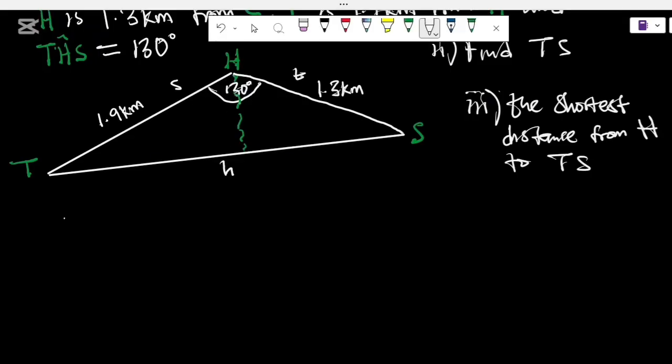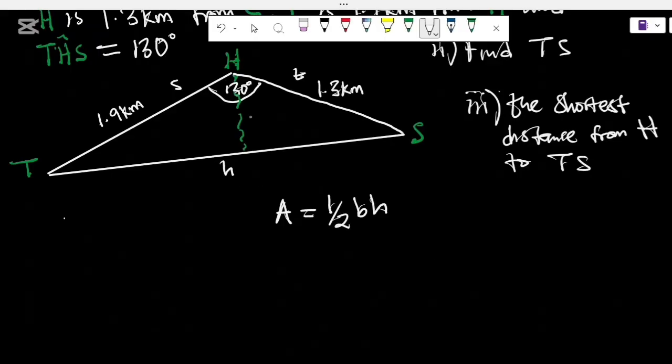If we extend this distance, then the area of this triangle is increased. At the same time, if we shorten it, then the area of this triangle is shortened. So this shortest distance is actually defining the entire area of this triangle, and therefore when we are trying to find this distance, we always use the formula for the area of the triangle. So the area of the triangle is given by half bh.